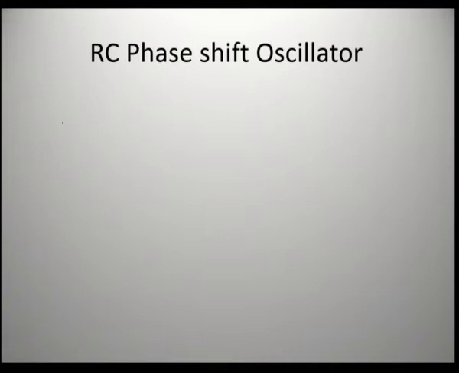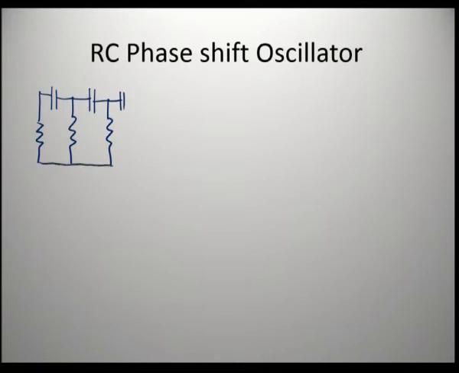We are going to derive the frequency of oscillation for the RC phase shift oscillator, for which we are taking only the feedback circuit of the oscillator, and we are considering all the capacitors equal and all the resistors equal.